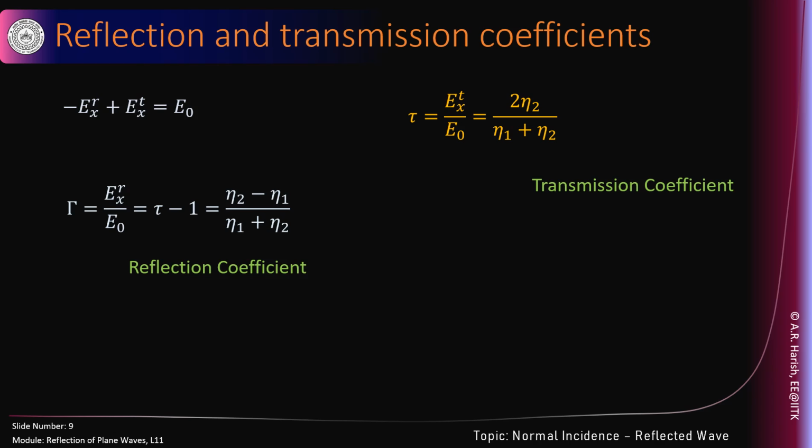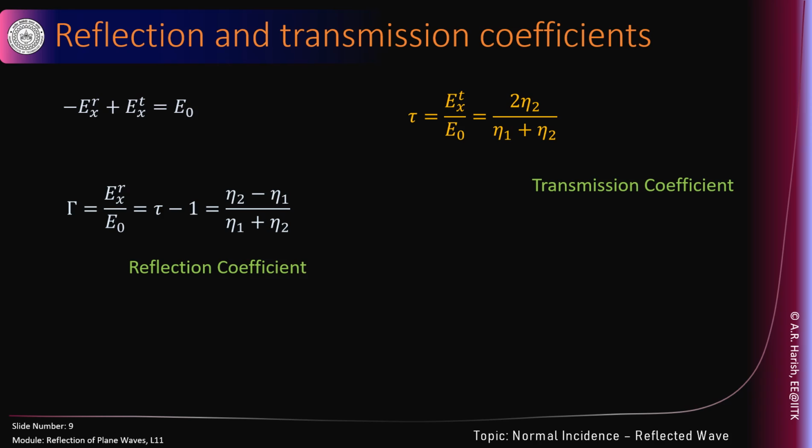How did you get that? It's very easy. Take the left equation, divide by E naught and rearrange the terms, and ETX upon E naught is tau, therefore we get tau minus 1. Take a break, ensure that it is indeed correct. Good, that break was enough for you to ensure that it is correct.